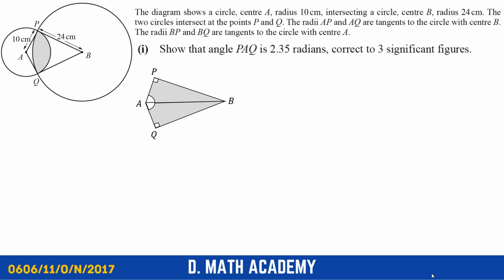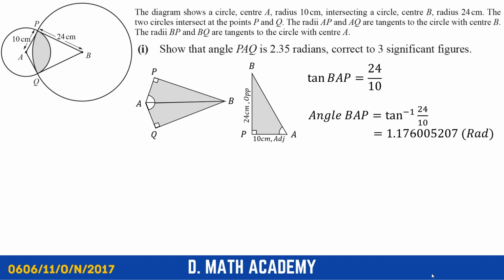Since you have AP and PB's values, we can identify the angle, or in our case the radian. We have the opposite and adjacent of it. Utilizing tangent, tan of angle BAP equals 24 over 10.